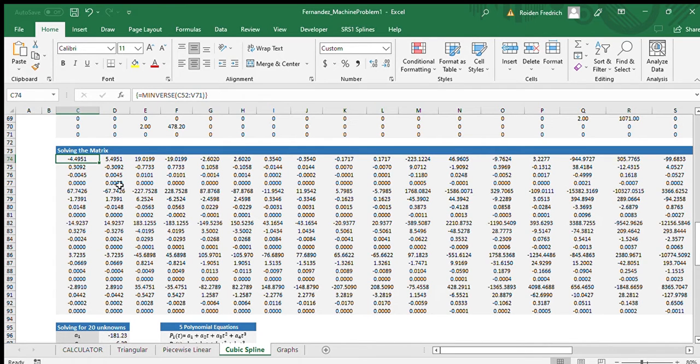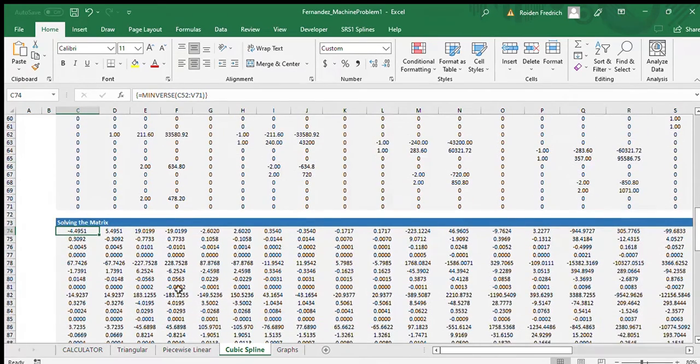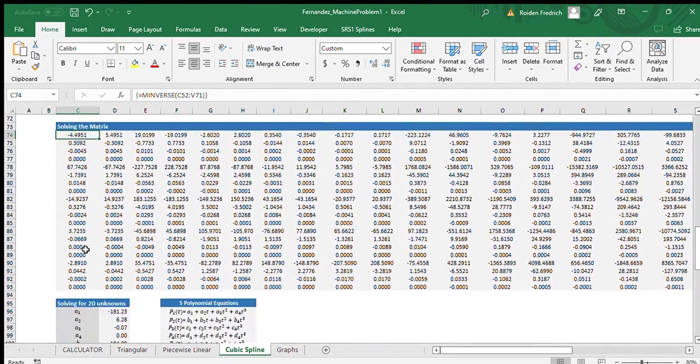So our array will be the matrix above. With this, we'll have another matrix. After using the MINVERSE function, we'll use the MMULT function that returns the matrix product of two arrays.